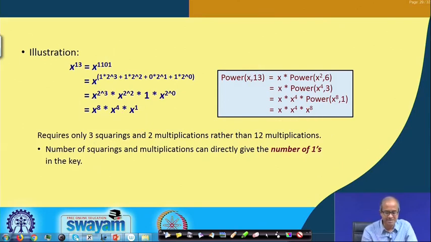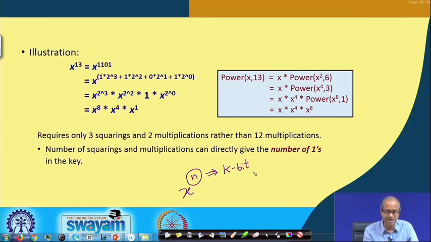So, the point is, the number of squarings will always be the same. If I write x to the power n, if n is a k bit number, then I will always require k minus 1 squarings, that is fixed.